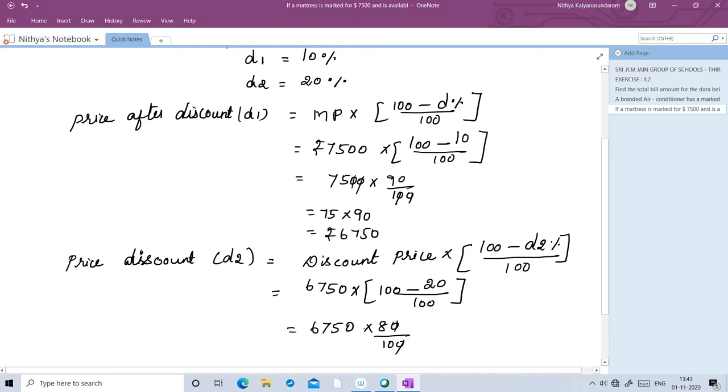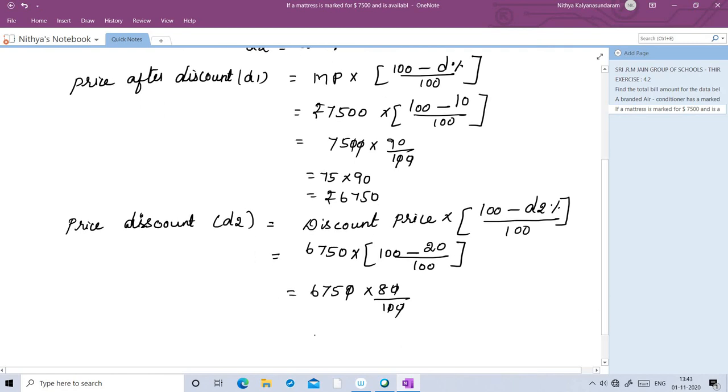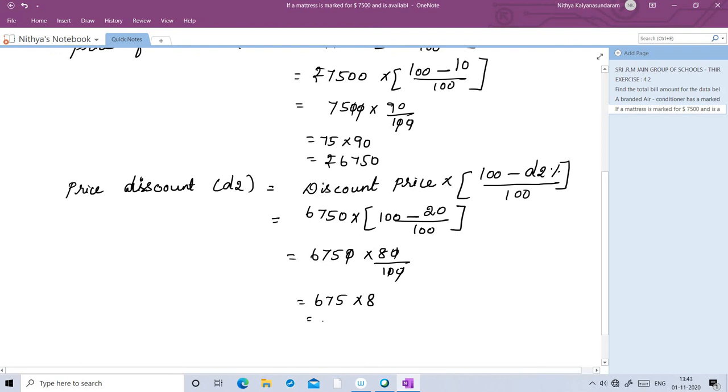We can cancel 2 zeros, so remaining we have 675 into 8, which is rupees 5,400. So this is the price after discount, rupees 5,400.